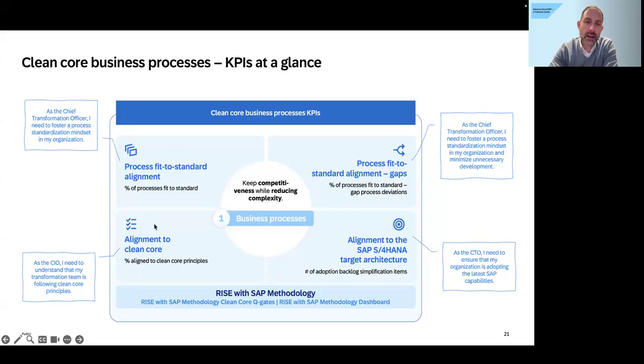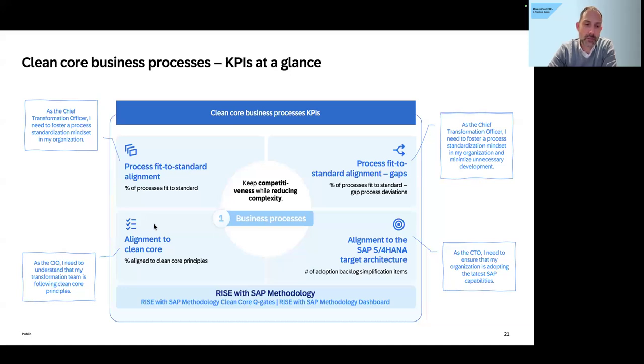So central for us is to understand whether I make enhancements or need enhancements, and if I need them, are they of the nature of a gap? And if they are, do they violate extensibility and integration design principles? That is the overall goal, and that is also what customers really use to steer their project.